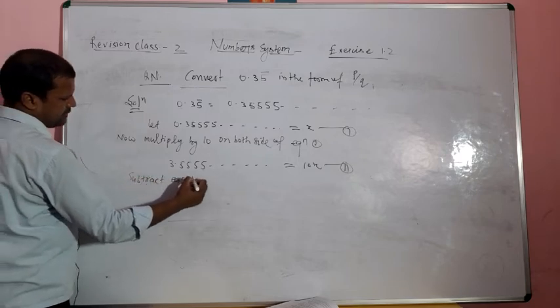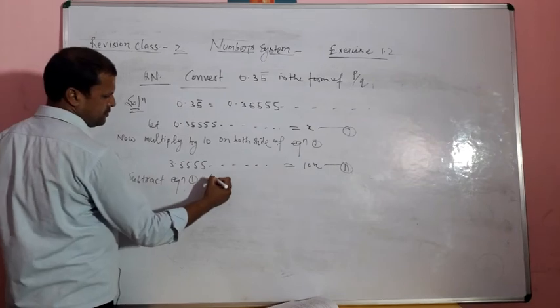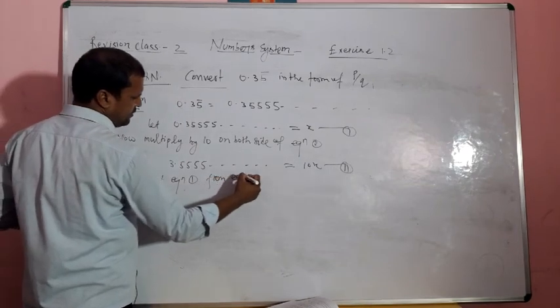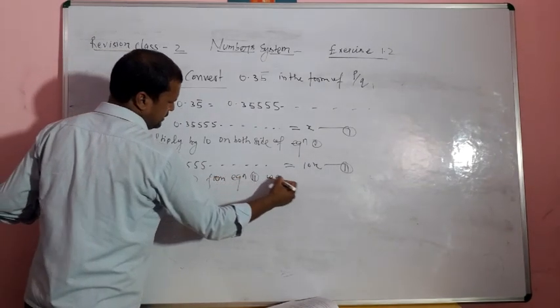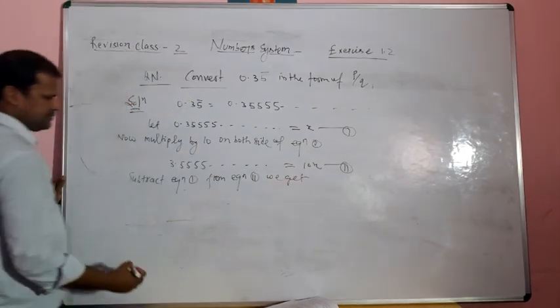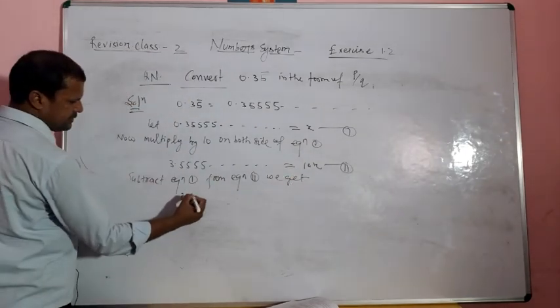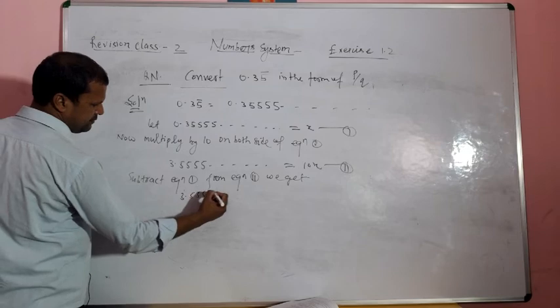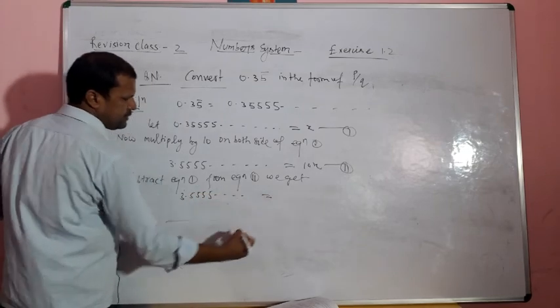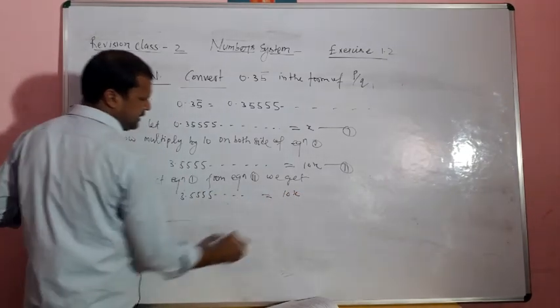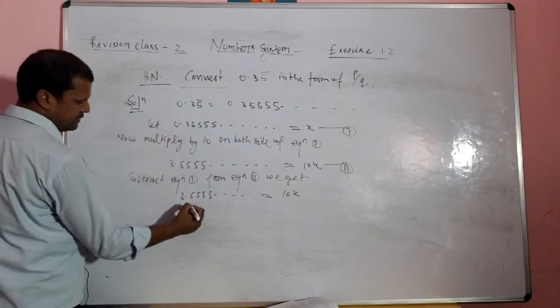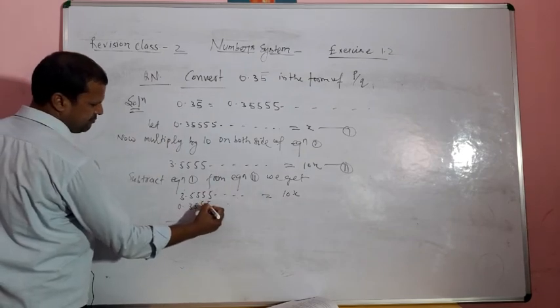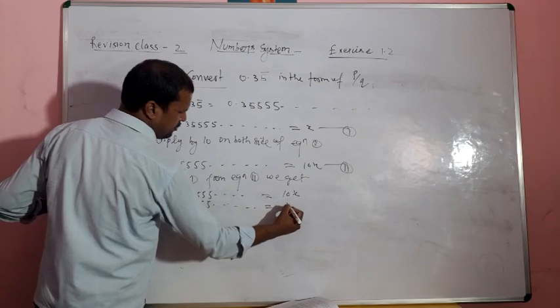We get 3.5555... equal to 10x and 0.35555... equal to x.